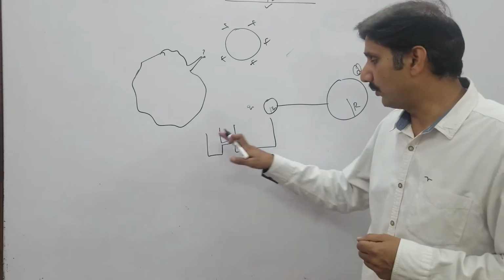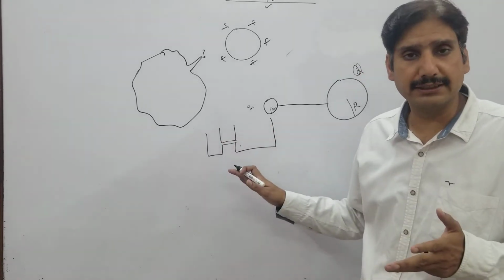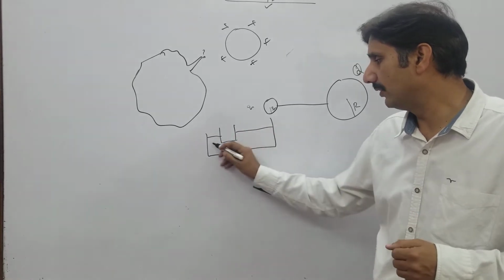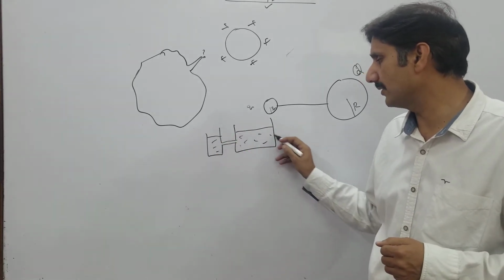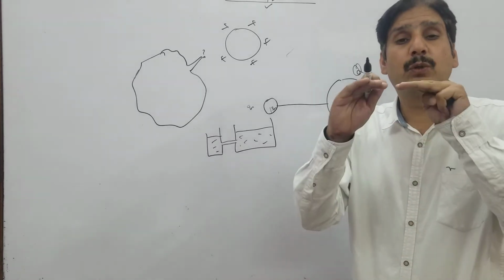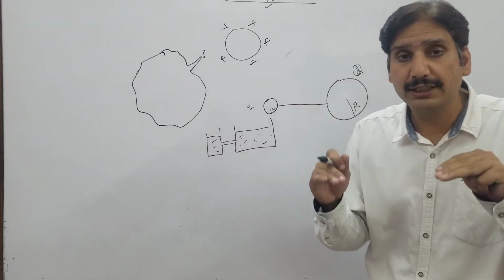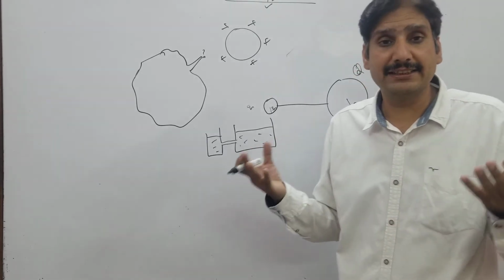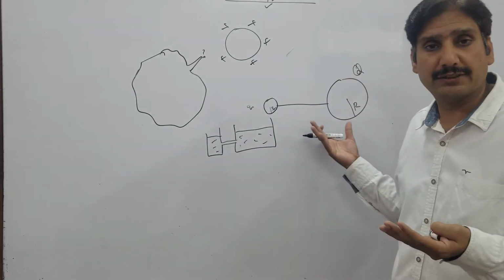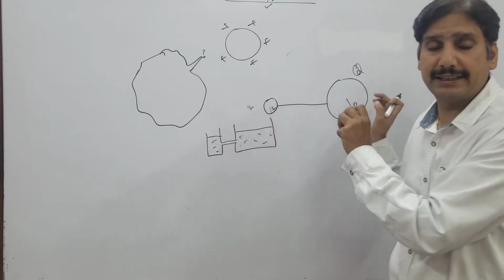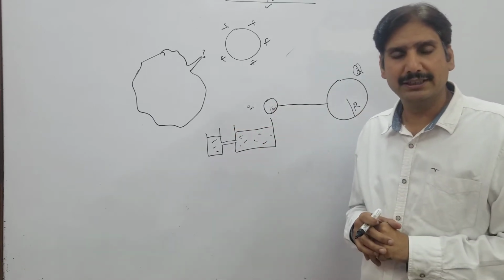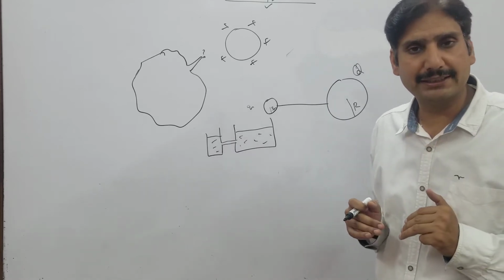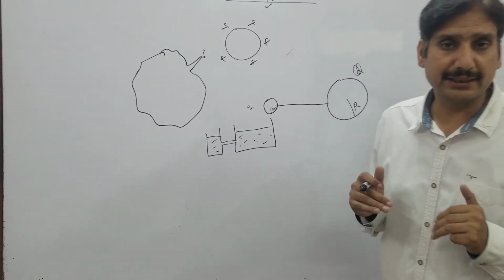The water will flow from one tank to the other as long as the water level in both the tanks becomes constant. That water level you can treat as an analogy for electric potential. So if two spheres are connected and charge is flowing instead of water, what quantity should be equated so that equilibrium can be attained? That quantity is electric potential.